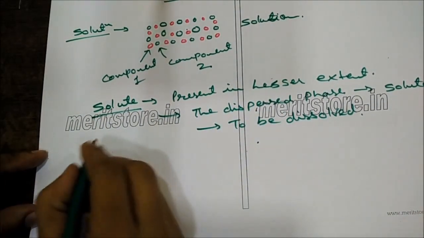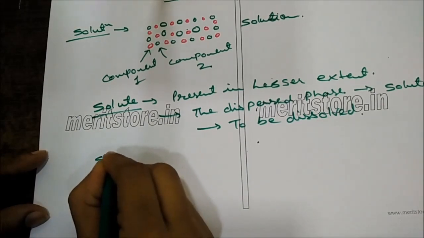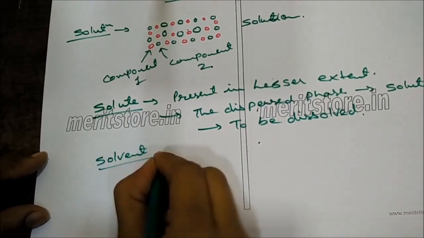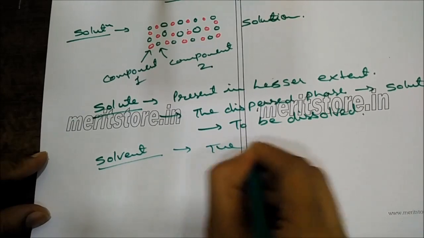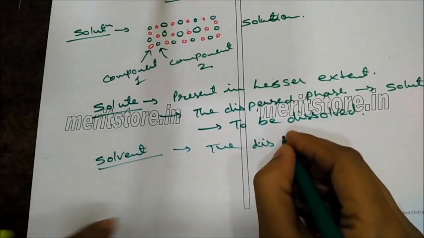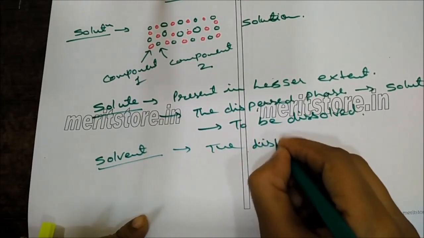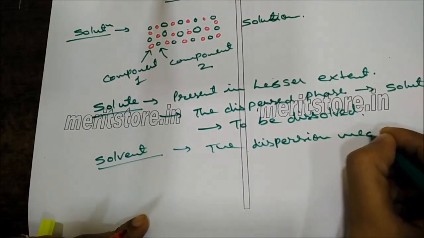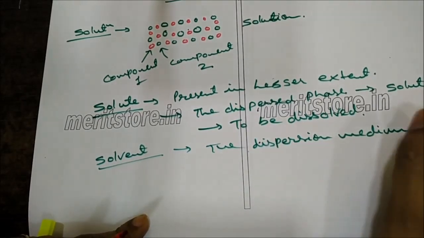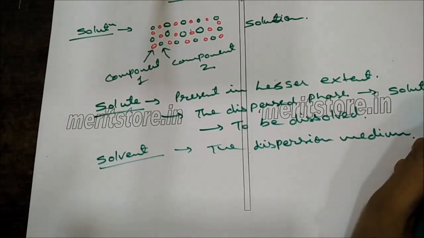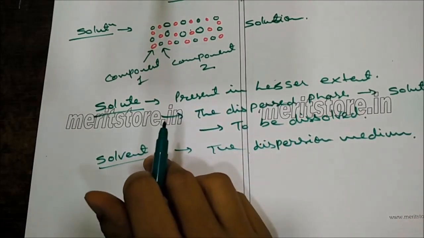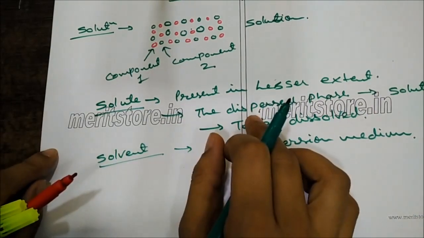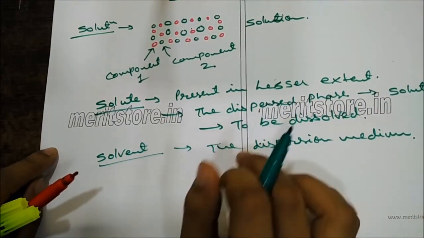whereas the dispersion medium in which that solute is dispersed is called solvent, and this solvent is always present in excess.